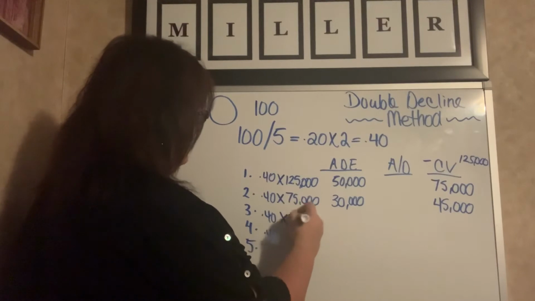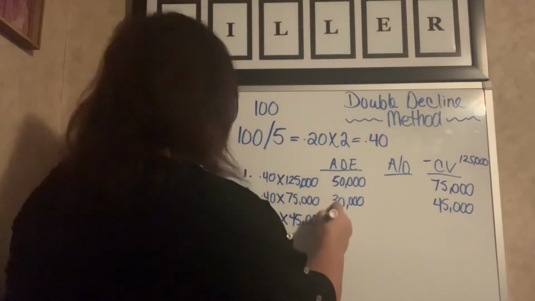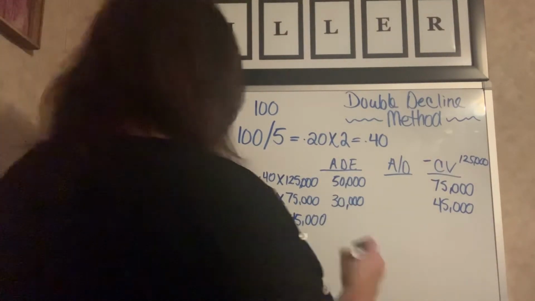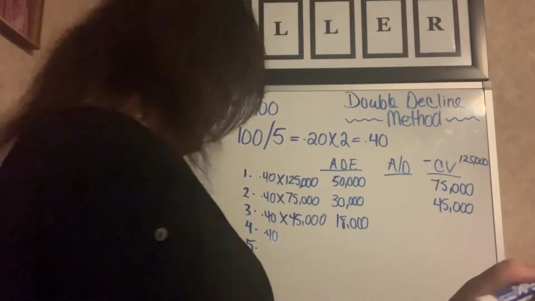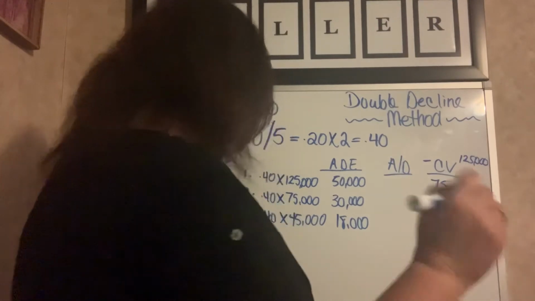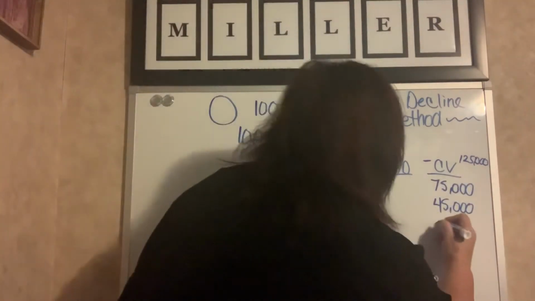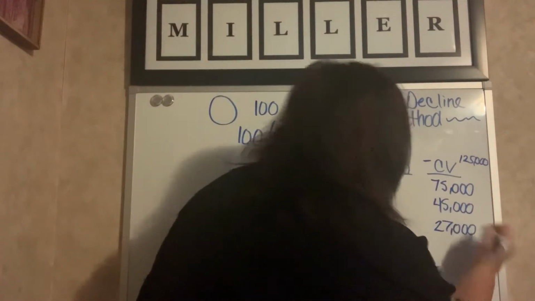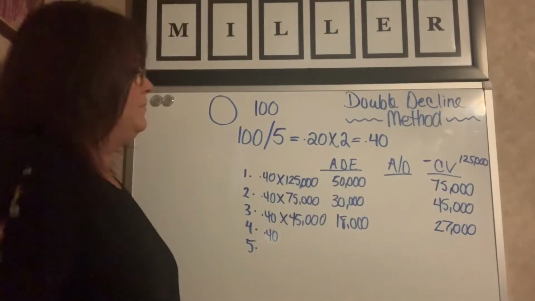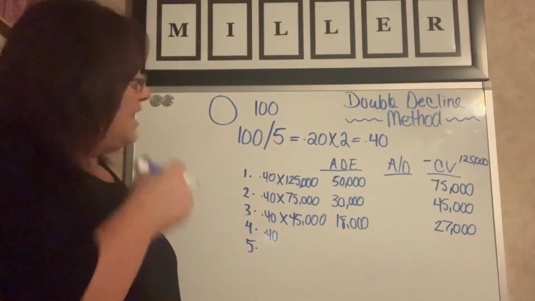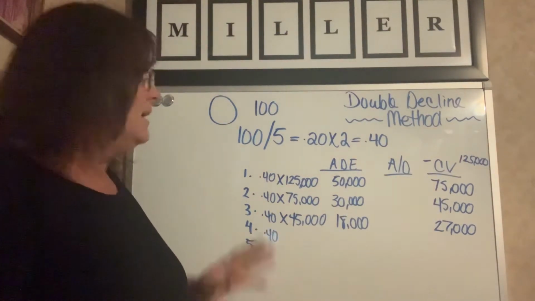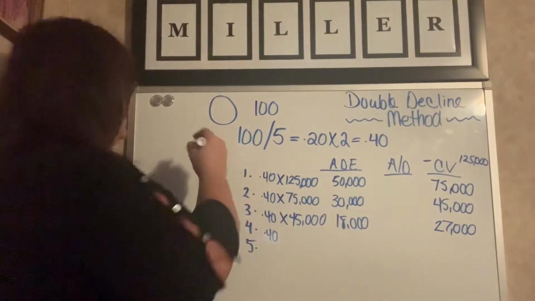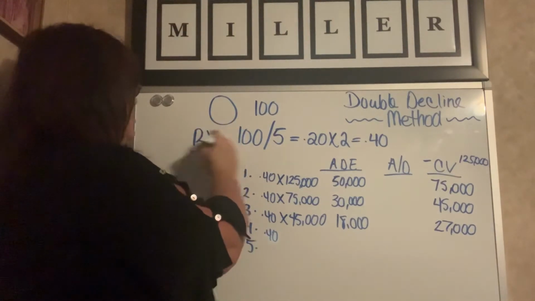45,000 times 0.40 is 18,000. 45,000 minus 18,000 is 27,000. And we have to stop here. Why? Because we can never take any of these methods down past the residual value.